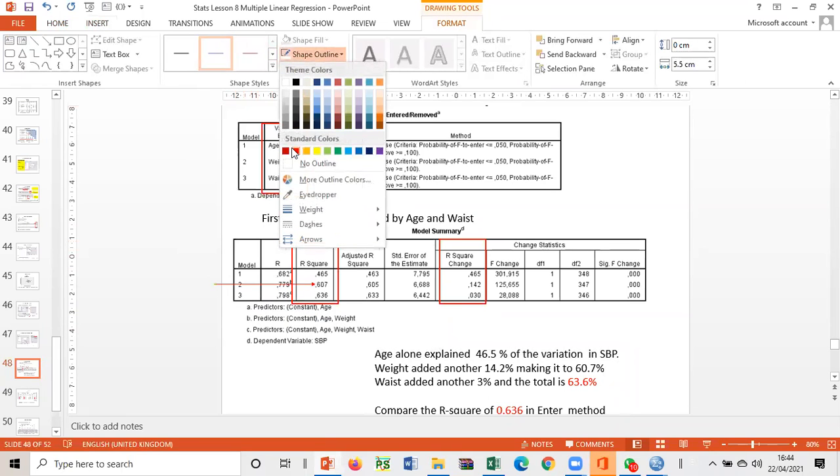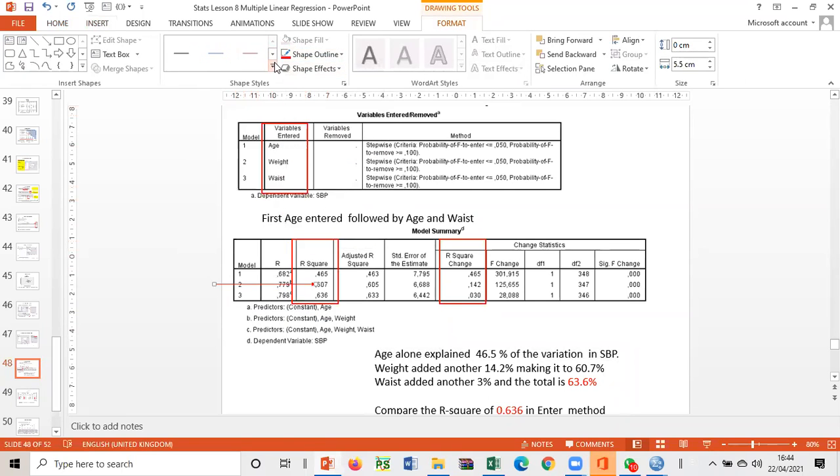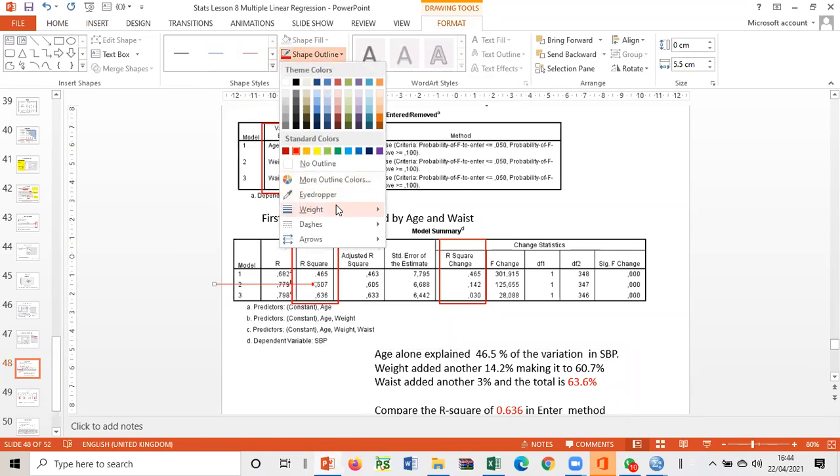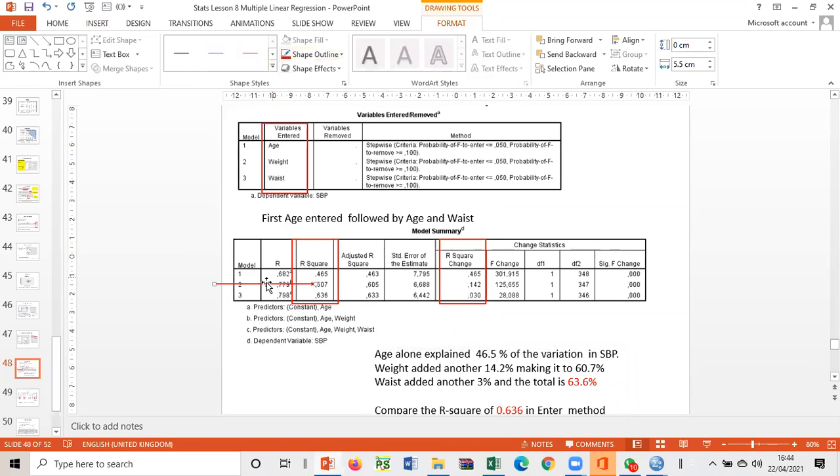What's R square now? 0.6. Is it bigger? Yes. Is it higher? Yes. This is Model 1. Model 1 refers to age. This is model 2, meaning age and weight. Age alone, 46.5%.